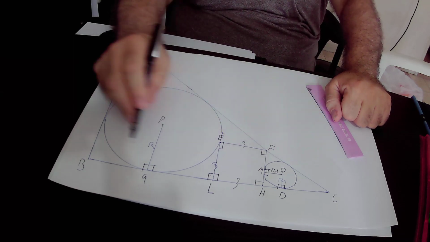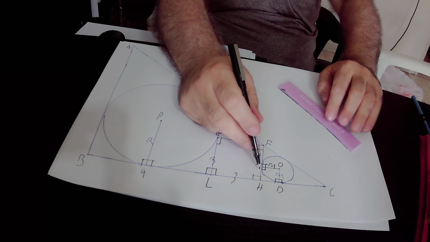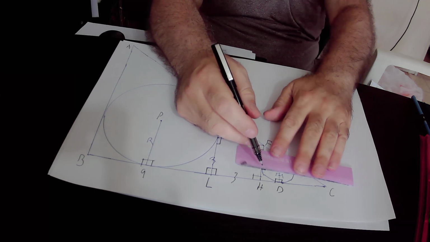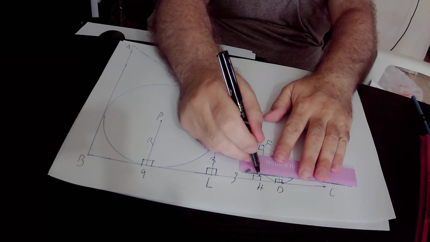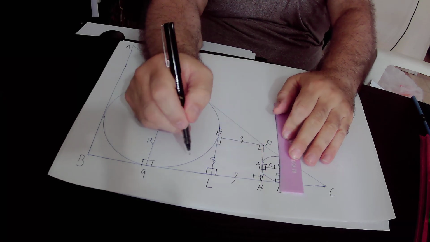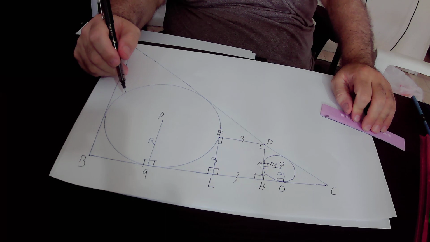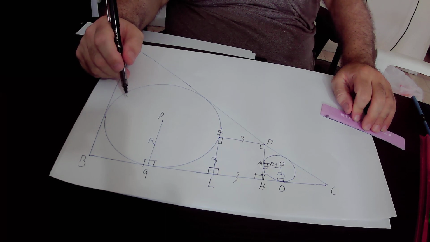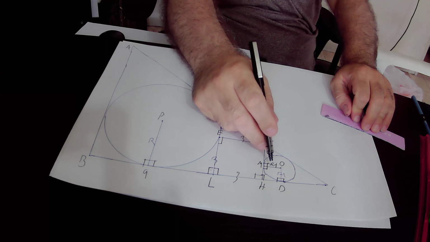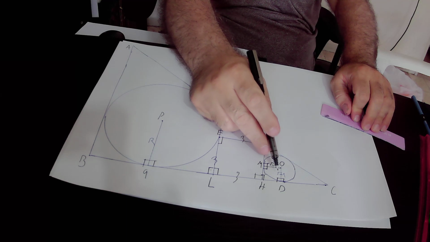Likewise, if we focus on the upper side of BC at point H, the sum of the angles at point H must be equal to 180 degrees. So which angles do we have here? This angle is 90 degrees. Therefore, the missing angle must be equal to 90 degrees, exactly like here. Okay, so actually we found out that in quadrilateral MOHD, in this small quadrilateral, we have 1, 2, 3 right angles.